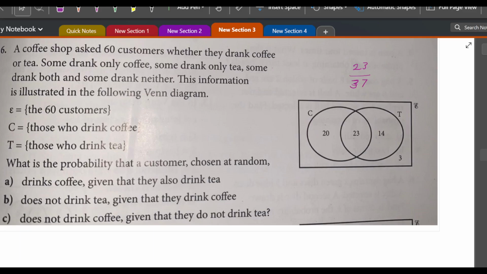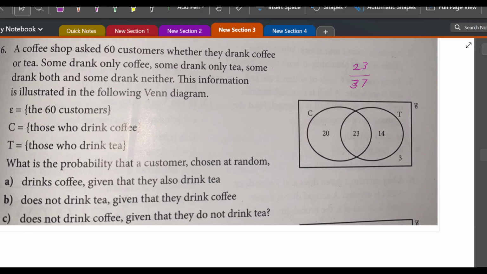Do not drink tea means you have 23, and does not drink coffee, so 20 upon 23. No, sorry. What is given?